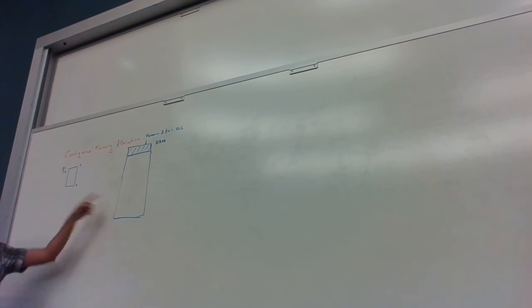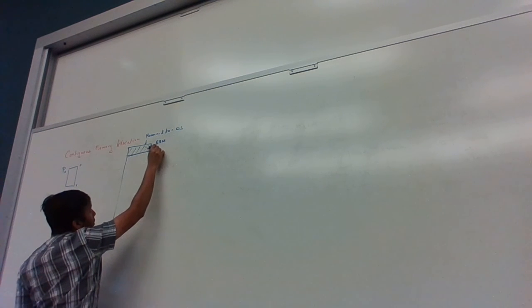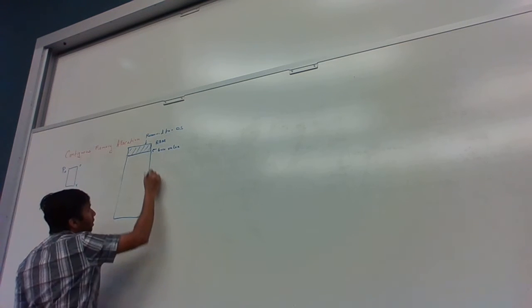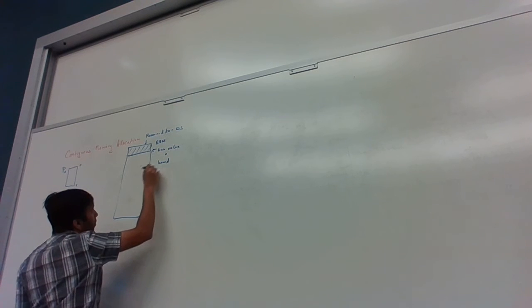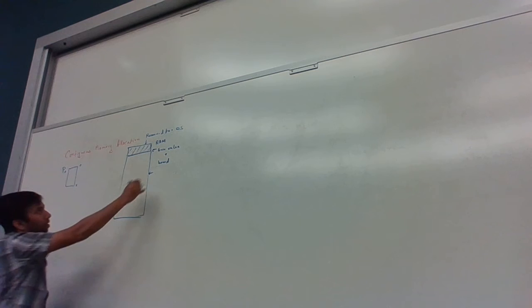So if I want to allocate a program P0 that needs X amount of memory to this RAM, then I need two things: a base register or base value, and a bound value, such that base plus bound is somewhere here.